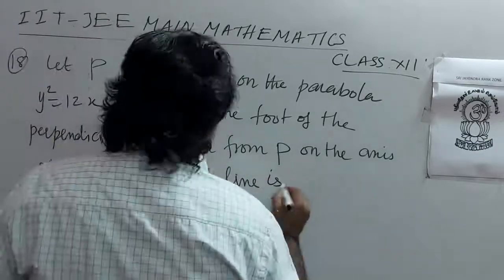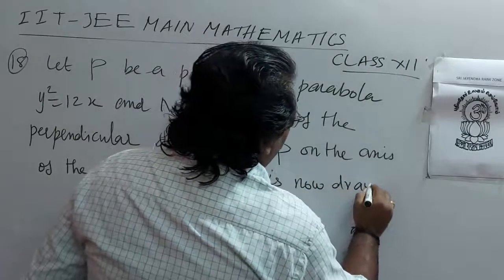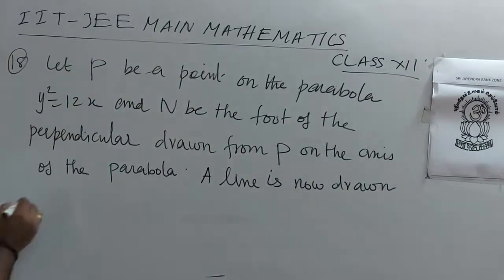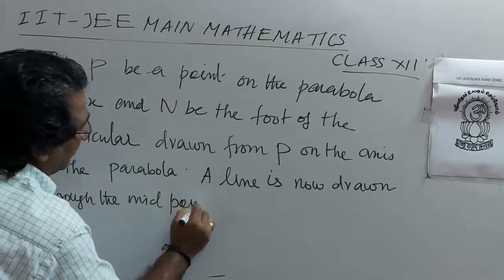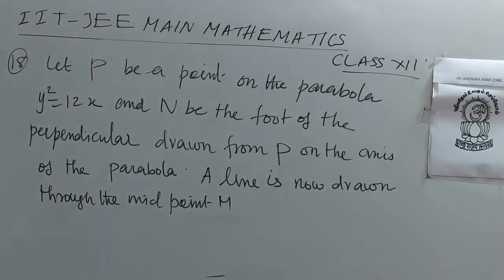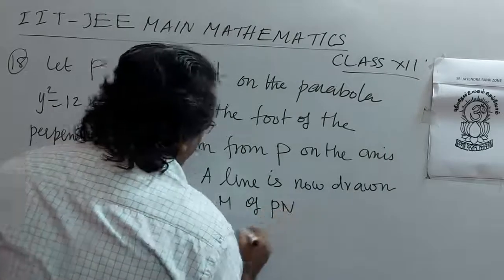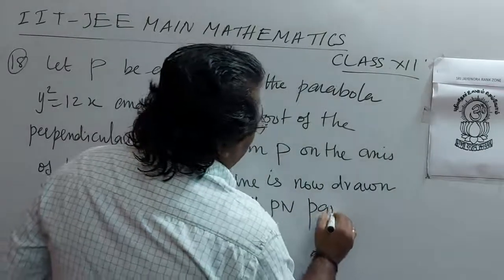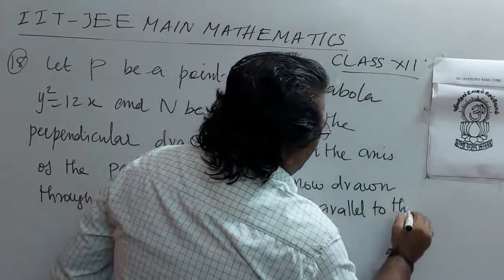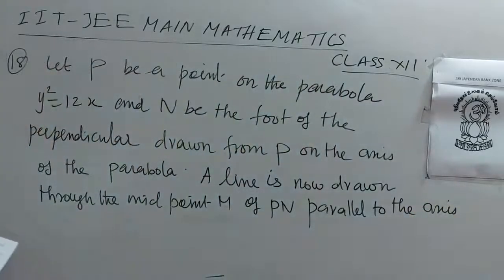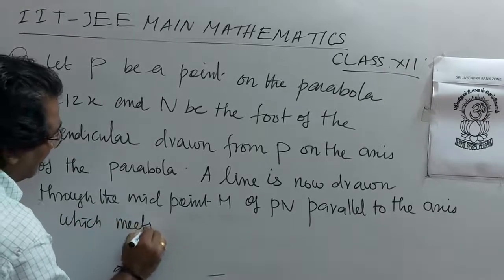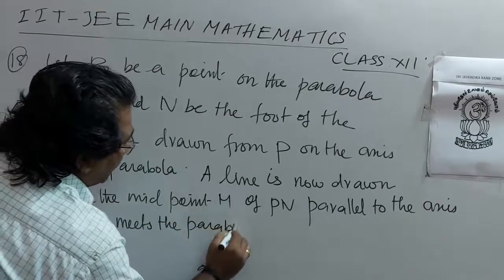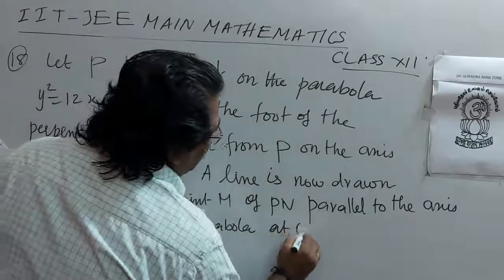A line is now drawn through the midpoint M of PN parallel to the axis, which meets the parabola at Q.